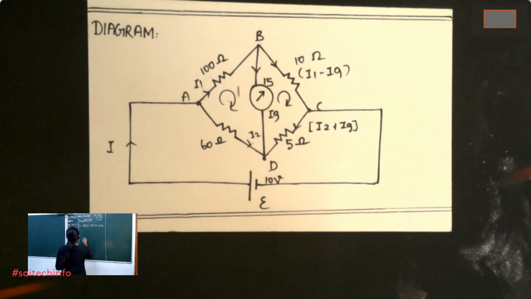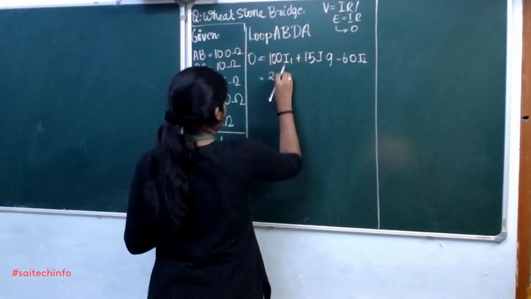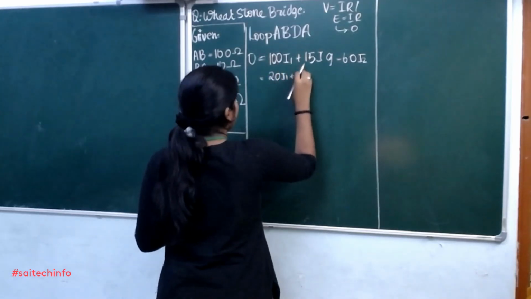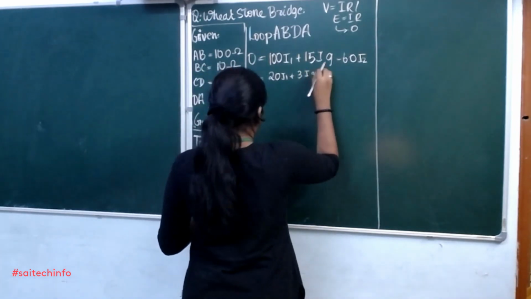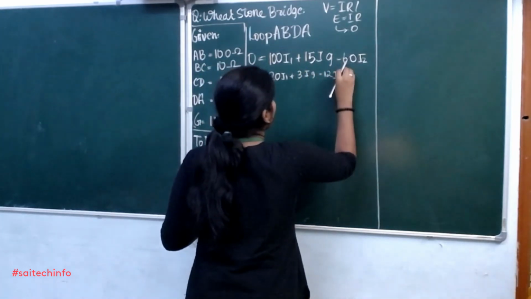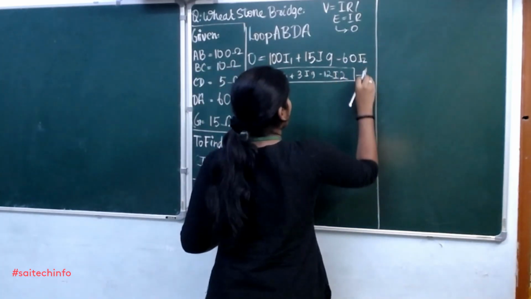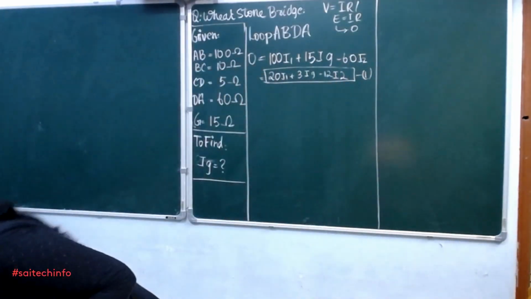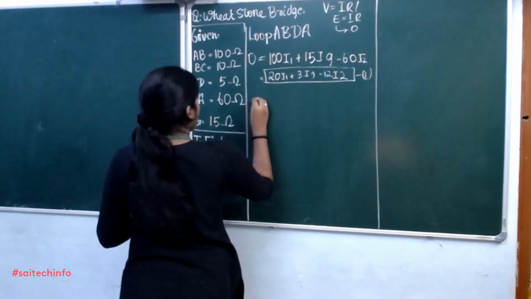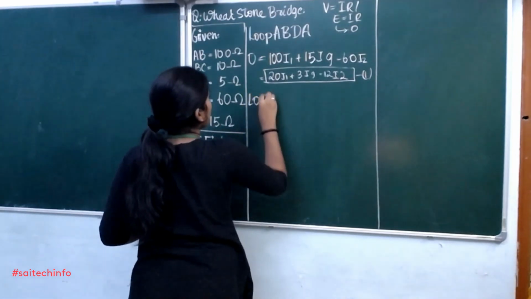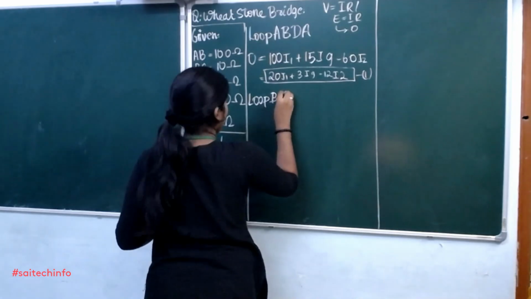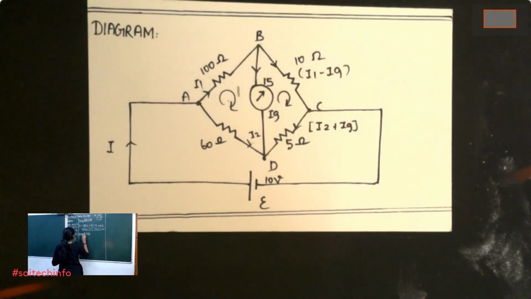It can be further simplified as 20 I1 plus 3 IG minus 12 I2. This will be our first equation. So next we are taking the second loop, that is D, C, D, B. Here also E is 0.